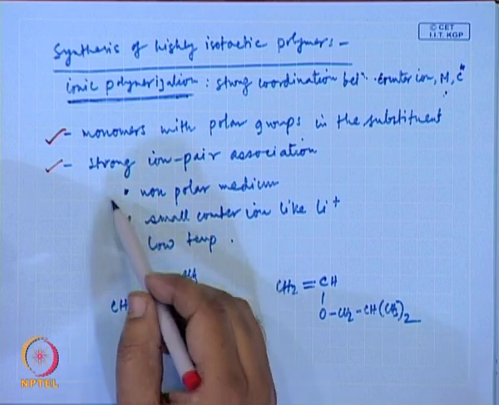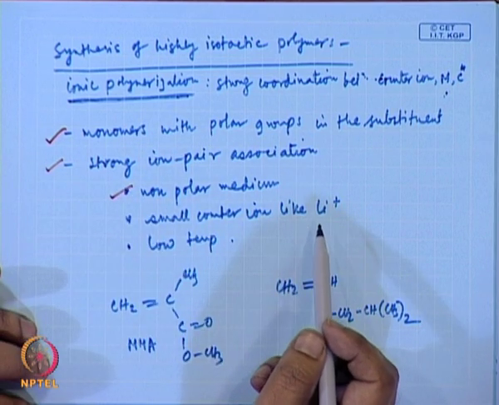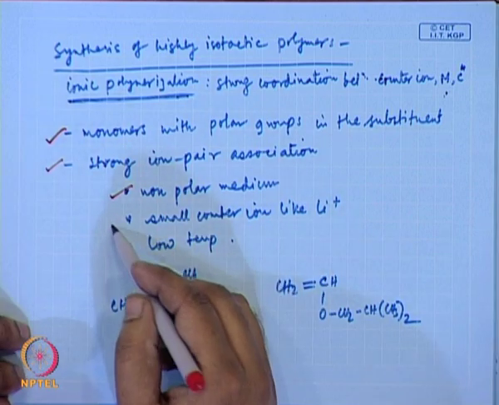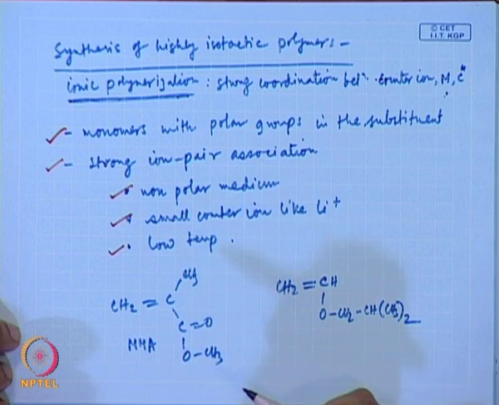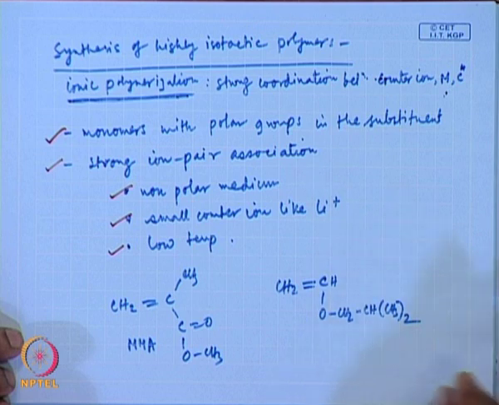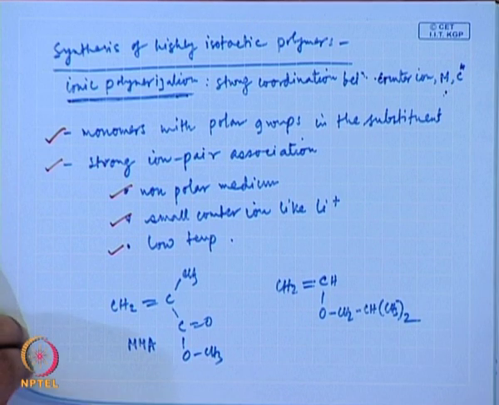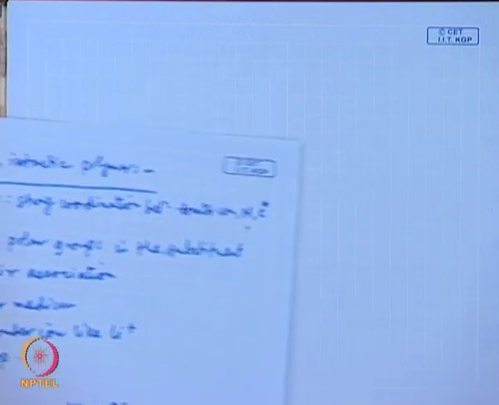If we can carry out the reaction in a very non-polar medium like a hydrocarbon, with a counterion which is small in size, for example lithium, and at low temperature, what happens then? We can get strong coordination between the incoming monomer, the active chain end and the counterion.